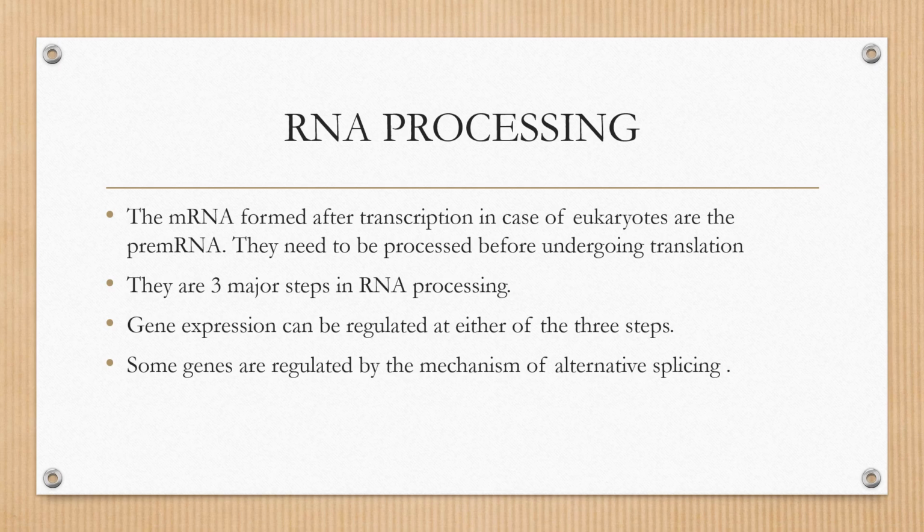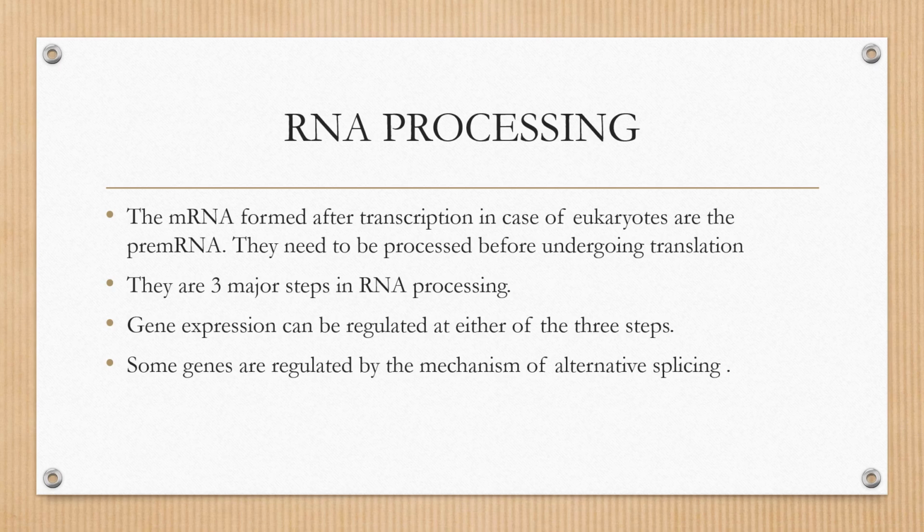Now your gene expression can be regulated at either of these three steps. That is, it can be regulated during the capping process, during the tailing process or during the splicing process. Splicing in general is removal of the introns and joining of the exons to give you a functional mRNA. But some genes can be regulated by the mechanism of alternative splicing.